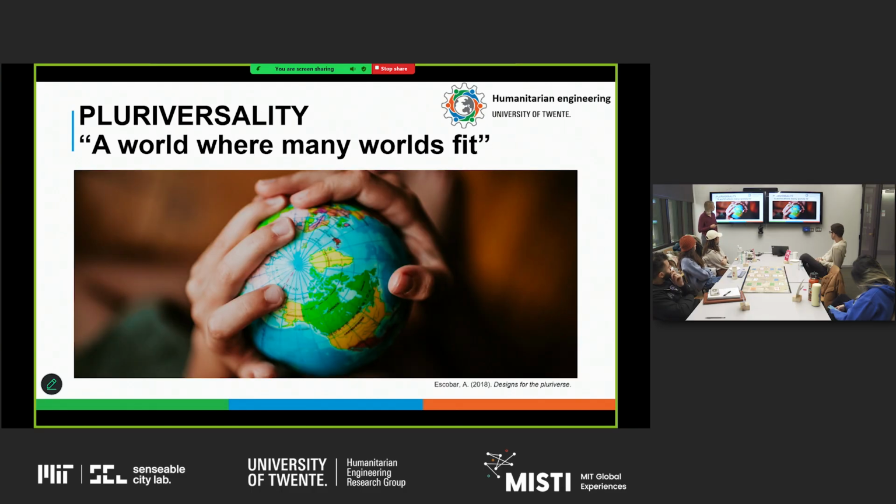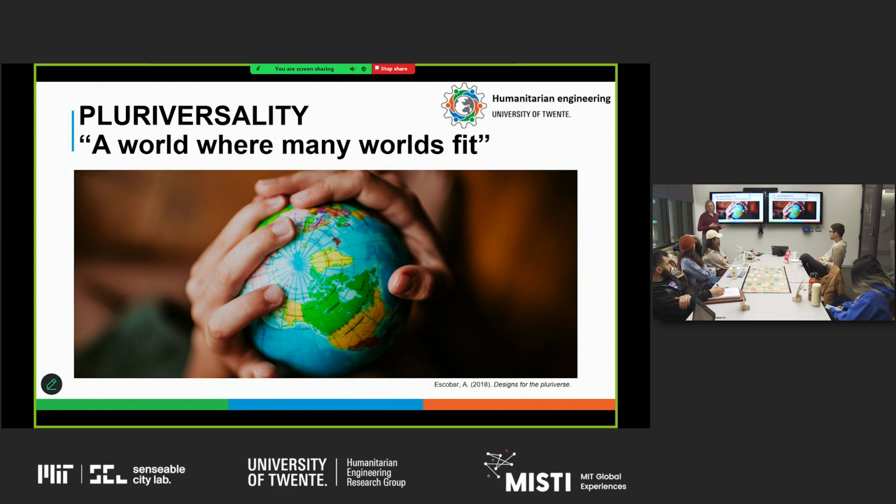And also more recent work, Design for the Pluriverse from Arturo Escobar. I'm not sure if you're aware of it. He talks about the pluriverse, or pluriversality, a world where many worlds fit. It basically means that there are different types of knowledge, different types of knowing, of being, and there's not one correct answer or one correct way.